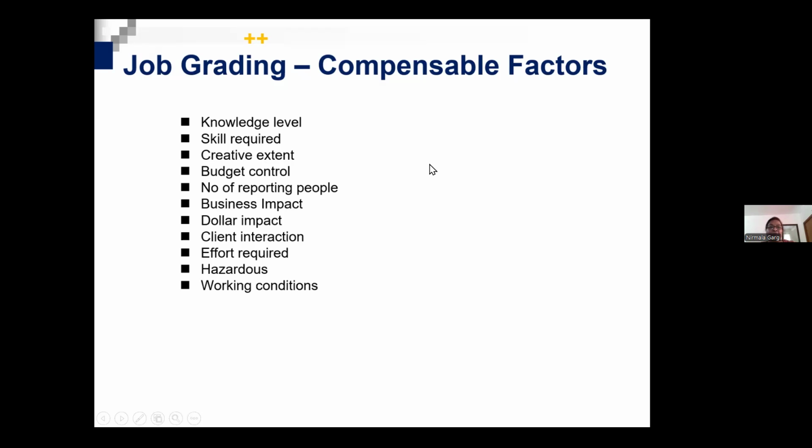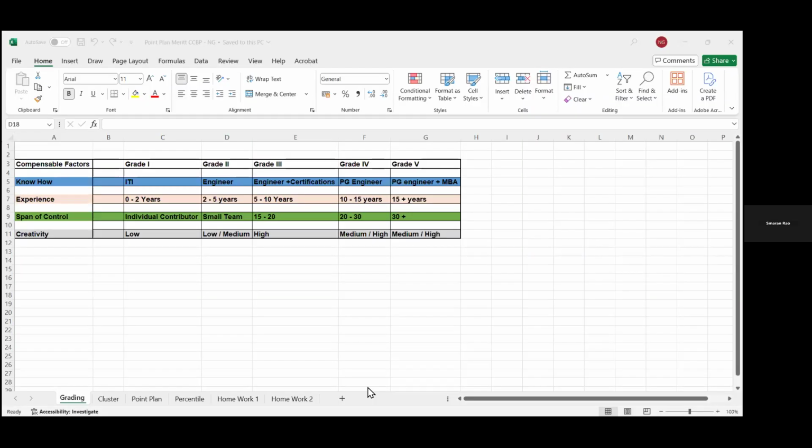I have a question. In terms of the safety that you mentioned, you said that is not a compensable factor, that it's a requirement. No, but in my sense, if you take the construction industry, for example, a safety officer would have a span of control of around 10 or 15 subcontractors or contractors.